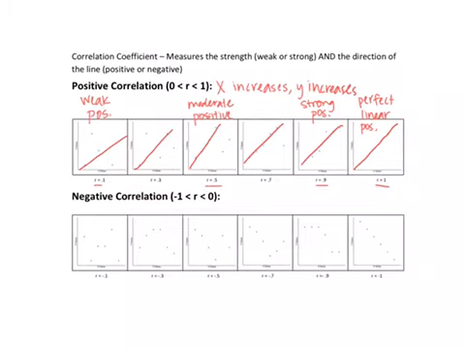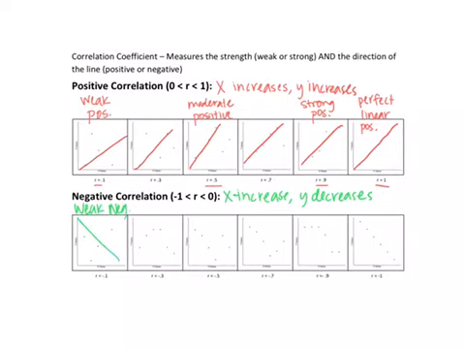Now a negative correlation, as X increases, Y decreases. So again, we can have a weak negative. Sorry, I don't know what's wrong with the spacing. Hopefully yours is nicer. I didn't move things around.